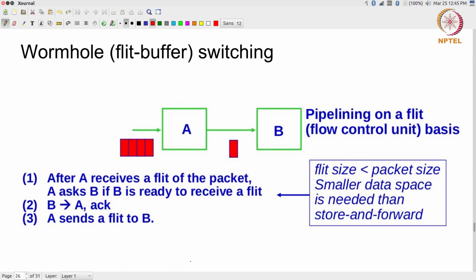In particular, there is something called the flit buffer switching, also called wormhole switching. Sometimes wormhole routing is also used, but switching is probably the more accurate term in this context, right. Basically what it says is, as soon as A receives a flit of data, it asks B if it's ready and sends it on, right. So effectively what is happening is that you need less data to be stored, hopefully, than store and forward, because you are now effectively buffering only the flits, right.